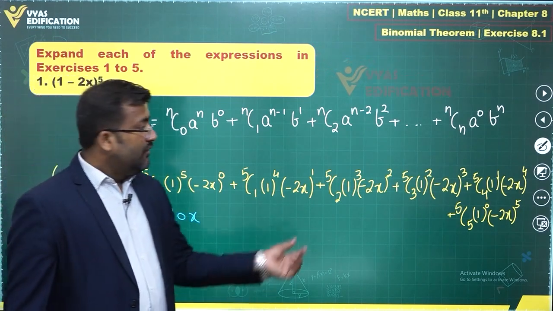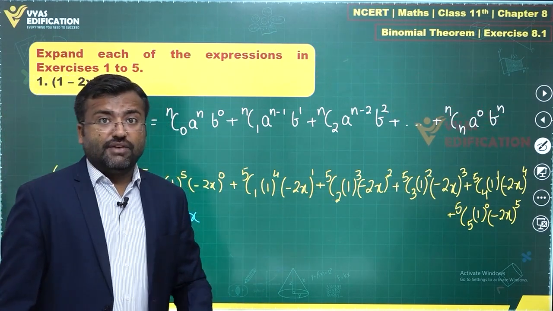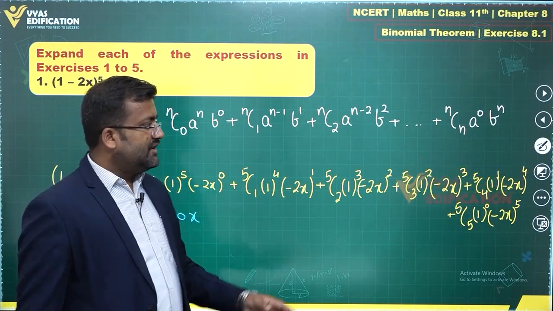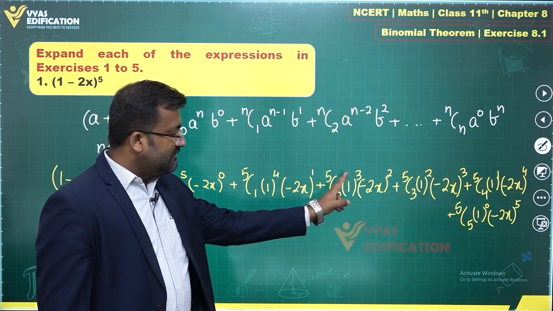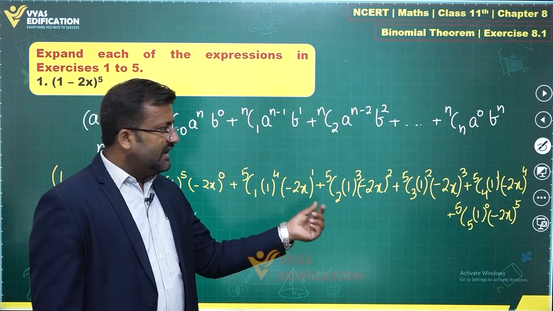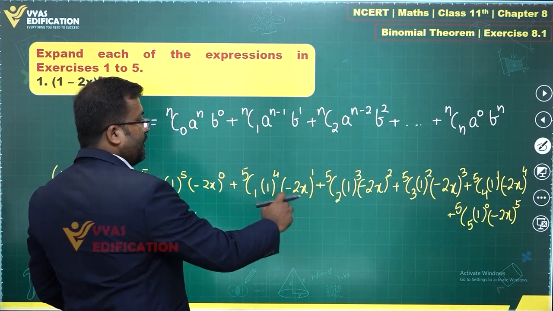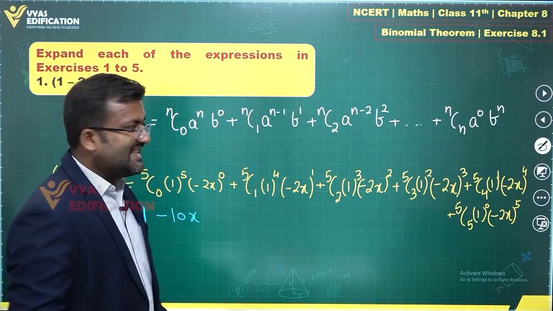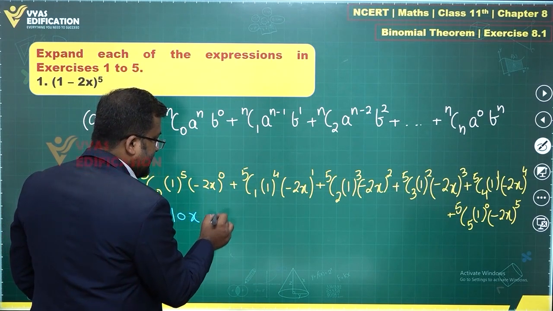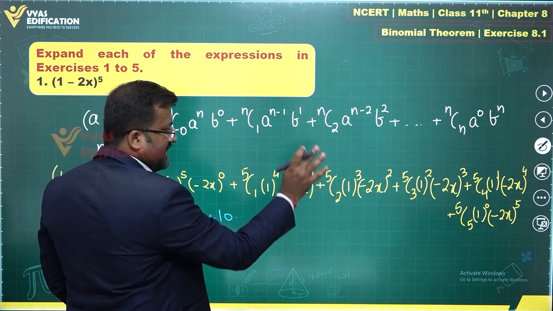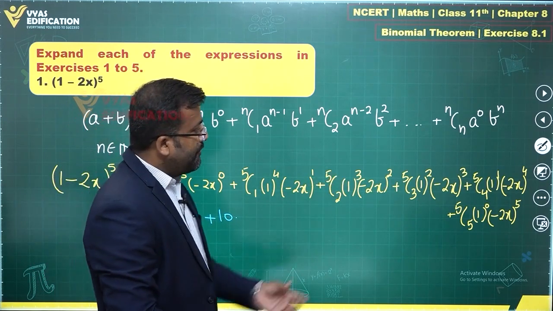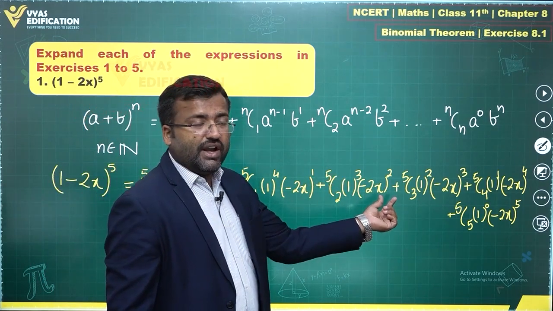What about 5C2? We can find the value of 5C2 as 5 factorial by 2 factorial 3 factorial, or in other words 5 into 4 upon 2 into 1, which is 20 by 2, which is 10. So this is plus 10 times 1 power 3, which is 1, times minus 2x power 2, which is 4x square.